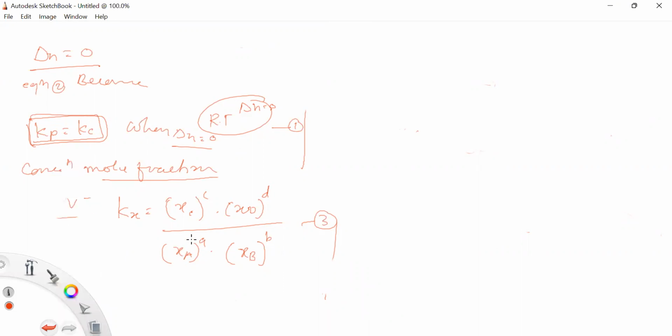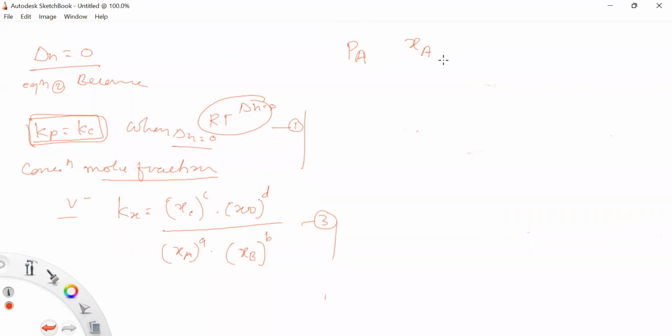Generally, for gaseous mixtures, the partial pressure of the reactant A we write as PA. For the mole fraction we write XA, and the total pressure P is related through Raoult's law.